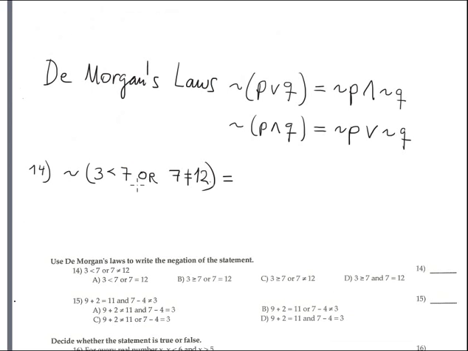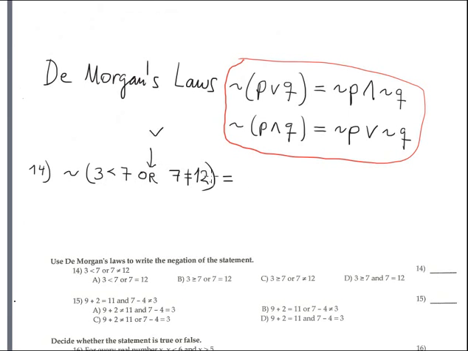Okay, 14 is using the Morgan law. Okay, I summarize here the Morgan law. This is the Morgan law. In this case we have or, and or is like a disjunction.